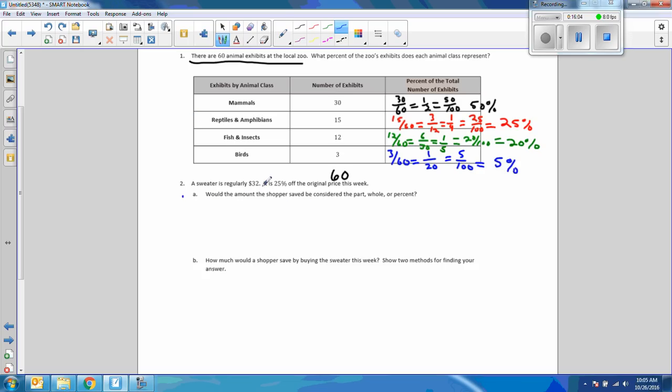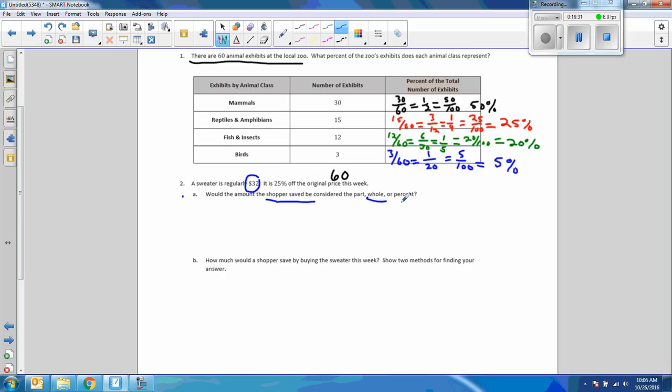A sweater is regularly $32. It's 25% off the original price this week. Would the amount the shopper saved be considered the part, whole, or percent? Well, $32 is the whole, the regular price.